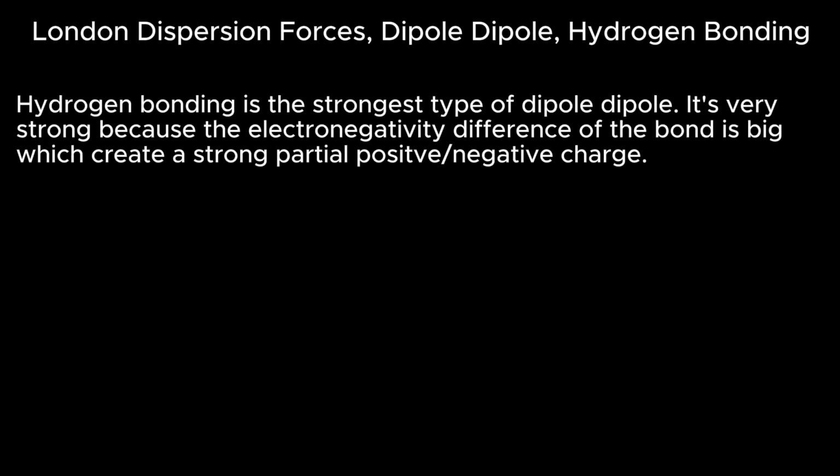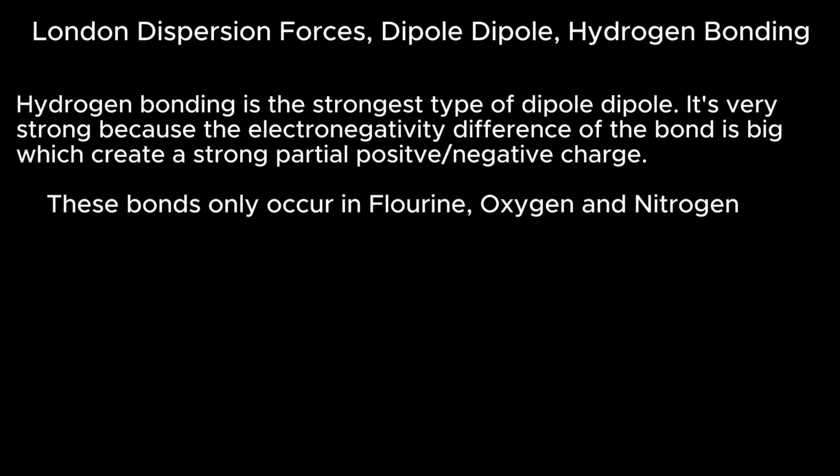Finally, we have hydrogen bonds. Hydrogen bonds are a very special type of intermolecular force because they're the strongest type of dipole-dipole. And the most common atoms involved in hydrogen bonding are fluorine, oxygen, and nitrogen. Now, let's take a closer look at how the hydrogen bonds form. Imagine a molecule where hydrogen is covalently bonded to a more electronegative atom.